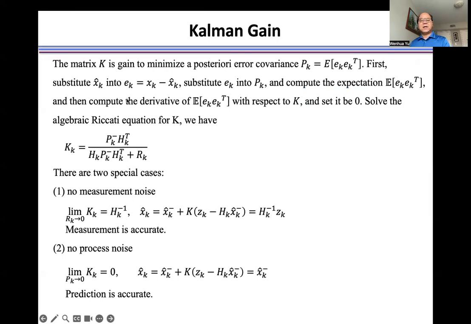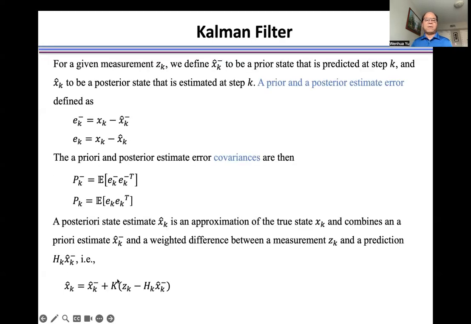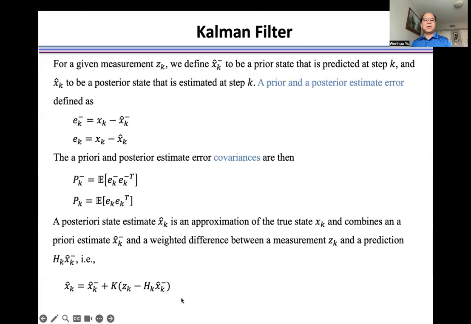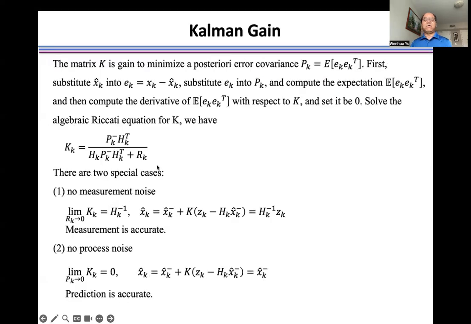So right now the main problem is how we can find this K, called the Kalman gain. To calculate the Kalman gain, we minimize this covariance and solve the Riccati equation for K.